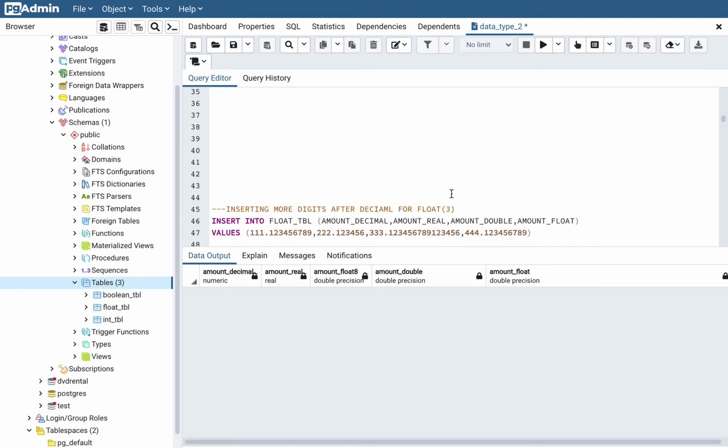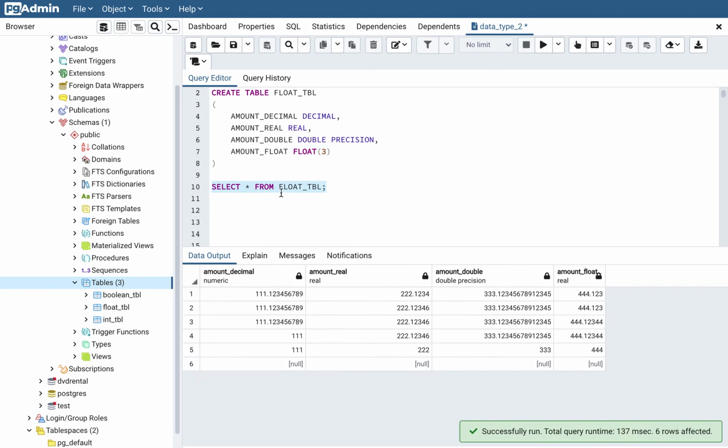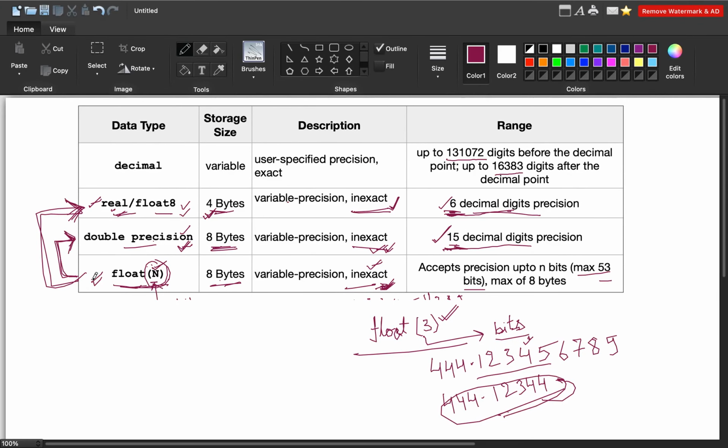In the previous example, when I defined float 3, you might notice that this amount float table was only real. Remember, I told you that whenever you are creating a column with float data type, internally it will get converted either to real or to double.